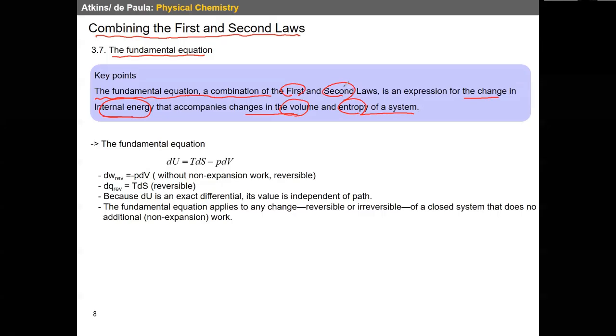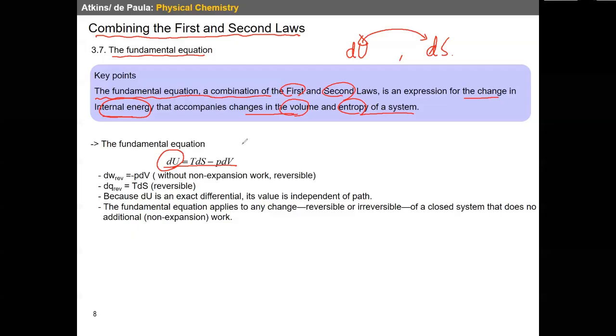Up to now, we have talked about internal energy change, and now we also know the entropy change. Here we will combine these two in a single equation. I will state the conclusion first: dU, the internal energy change, equals T dS minus P dV.